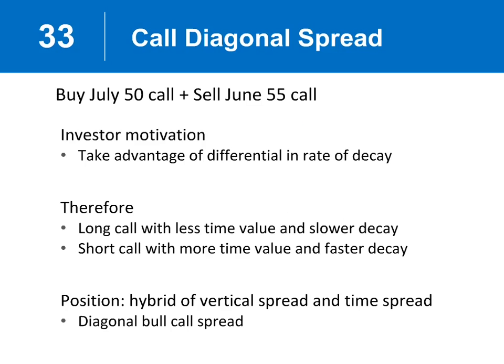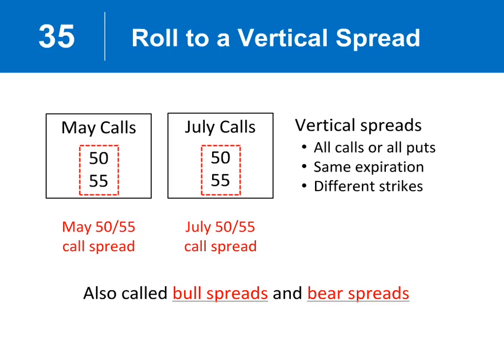I think maybe we'll roll through one more kind of roll, and I've mentioned it. Slide 35 talks about just rolling to a vertical spread. And again, vertical spreads, all calls and all puts, same expiration, different strikes.